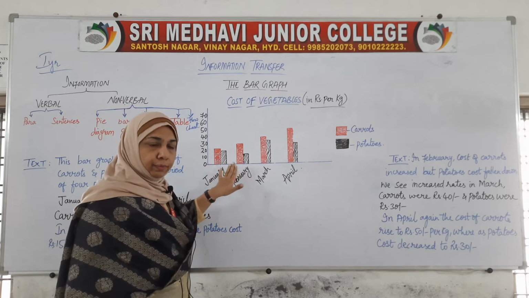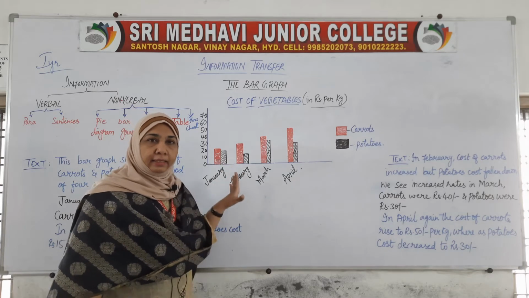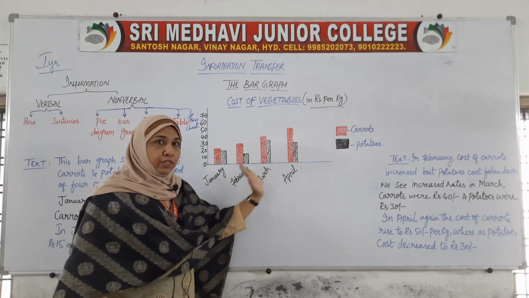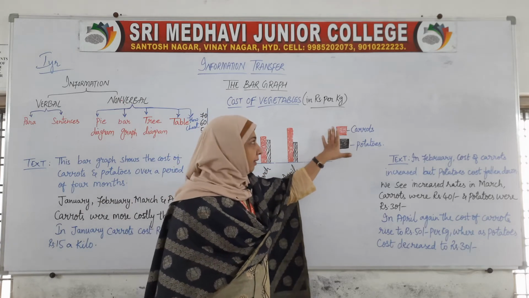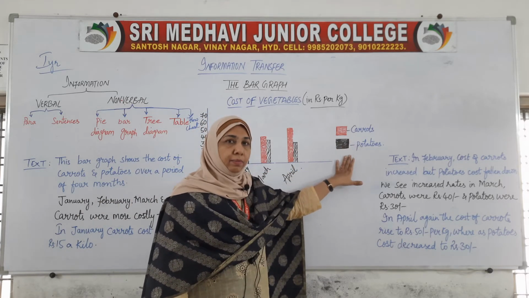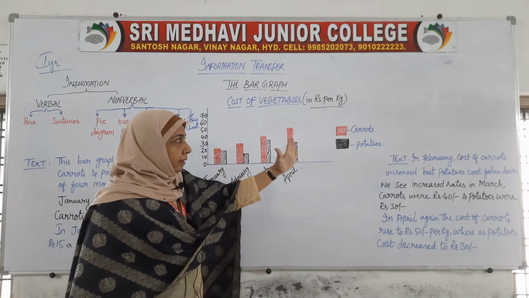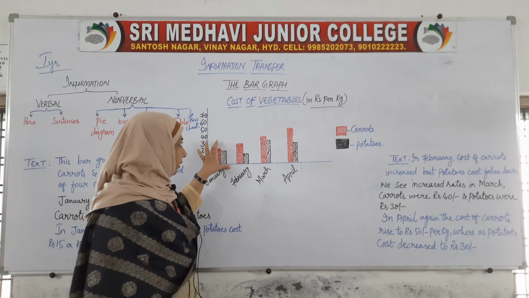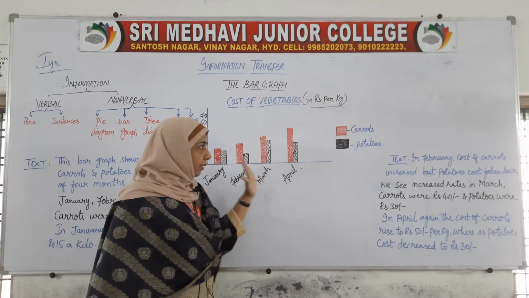Two bars are given, showing the cost of vegetables. Which vegetables? You can find out here that the red one is carrots and the black one is potatoes.